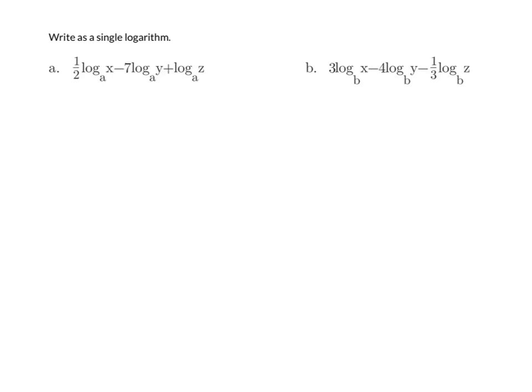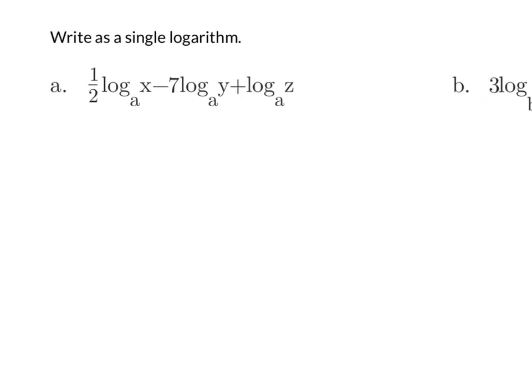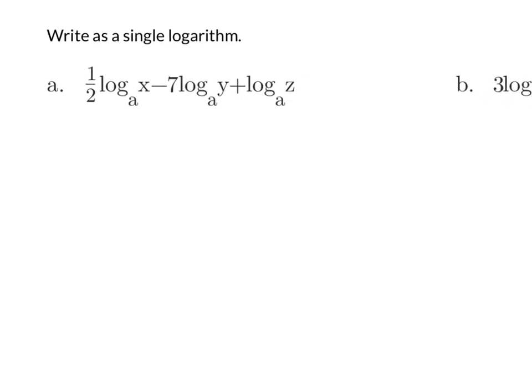For these examples, we want to write as a single logarithm. So we're going to do the exact opposite of what we did in the previous slide. The first thing we want to do is move our coefficients up into the exponents.